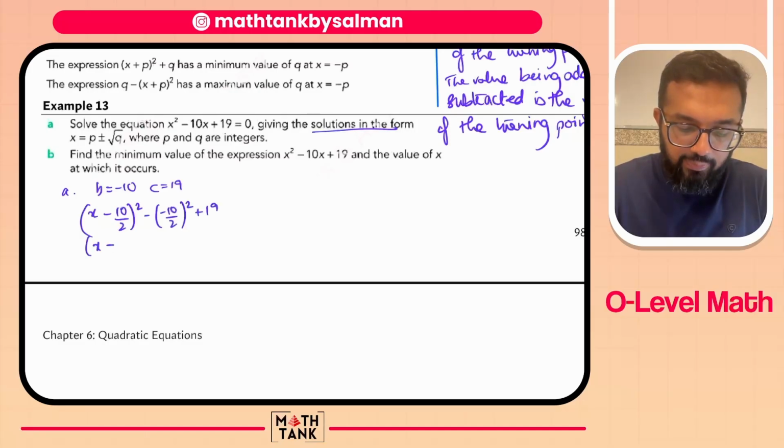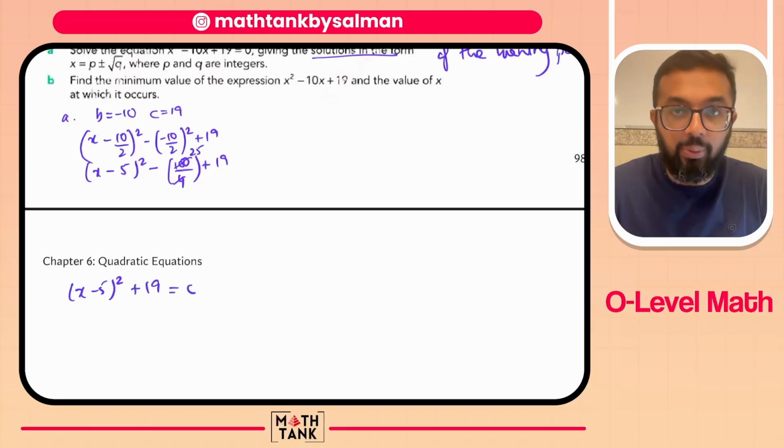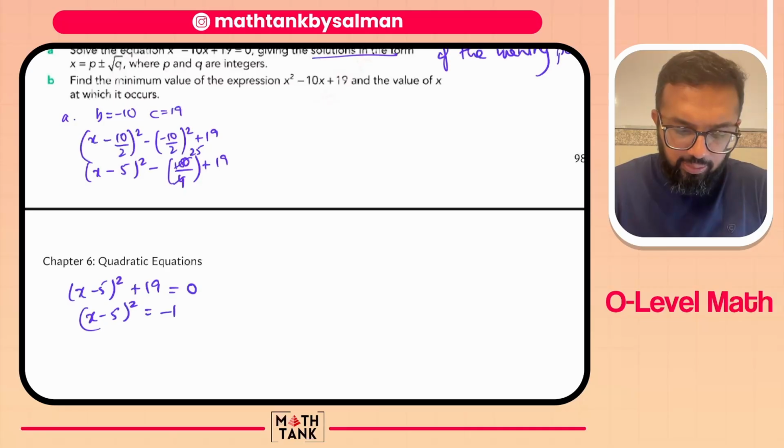So (x minus 5) whole squared minus 25, my bad. So (x minus 5) whole squared plus 19. I want to equate it to 0 and then solve it. I think that's pretty much the same question that we did earlier.